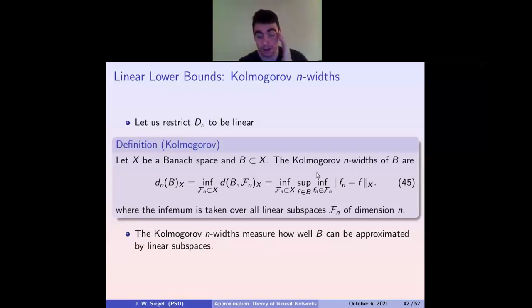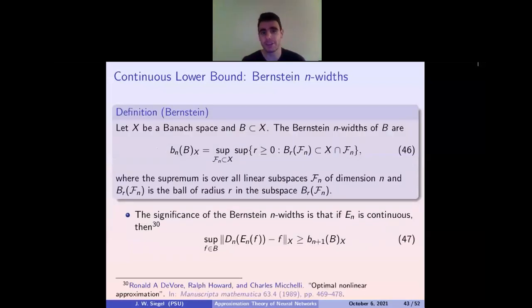So for the linear approximation, the relevant notion is these Kolmogorov n-widths, and for this continuous nonlinear approximation, it turns out that the right quantity is what are called the Bernstein n-widths. So here, what you do is essentially you look at subspaces of dimension n, and you take a ball of radius r.